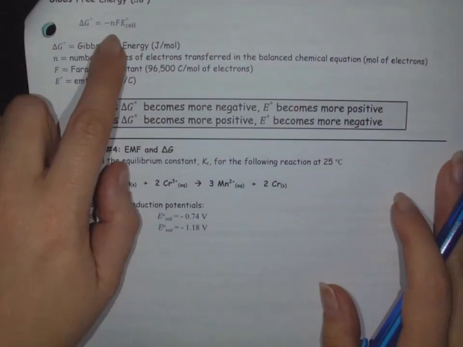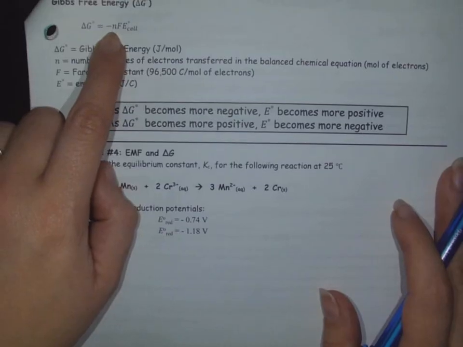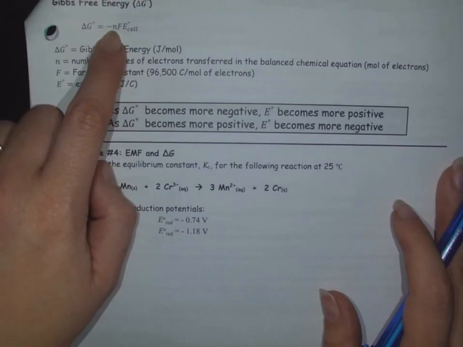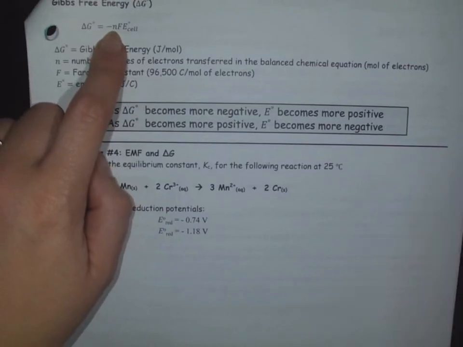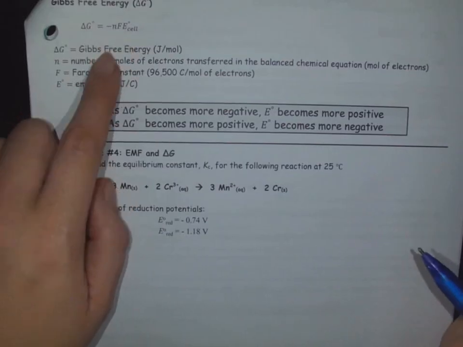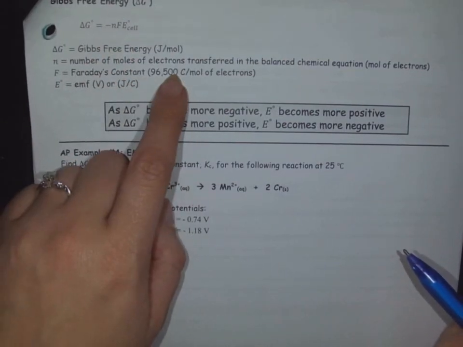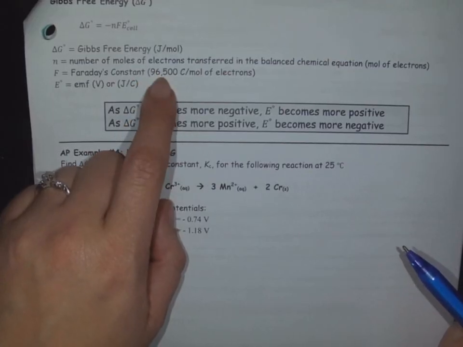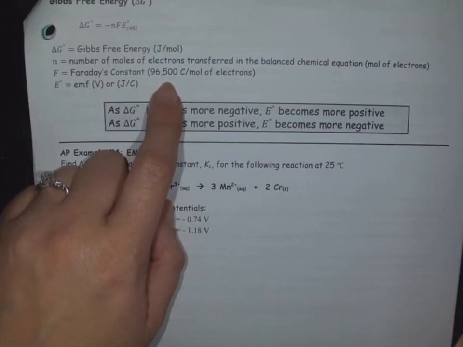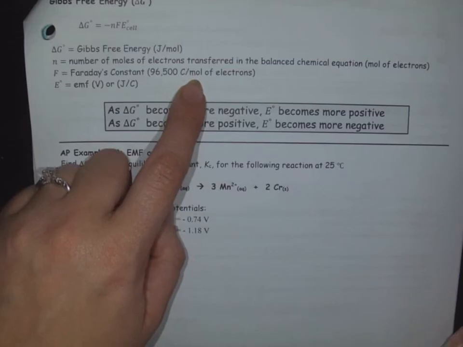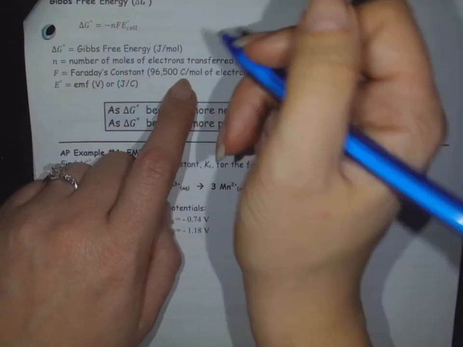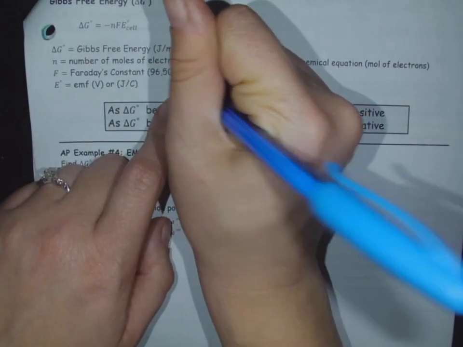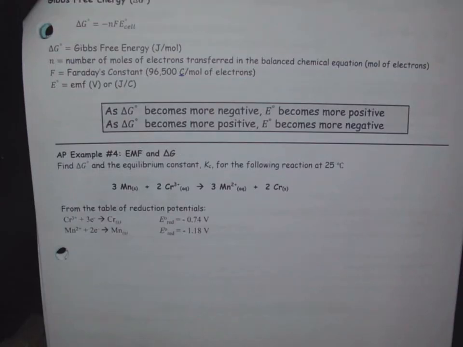So it is negative times the number of moles of electrons, for the last one it would have been 2 moles, multiplied by F, which is Faraday's constant, 96,500 coulombs per mole of electrons. More on coulombs later.